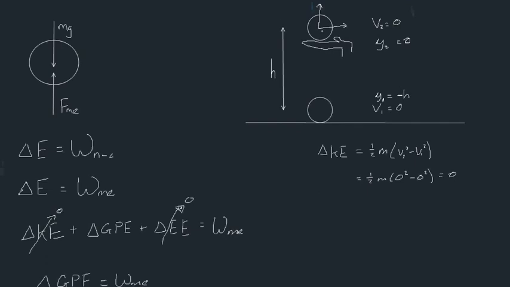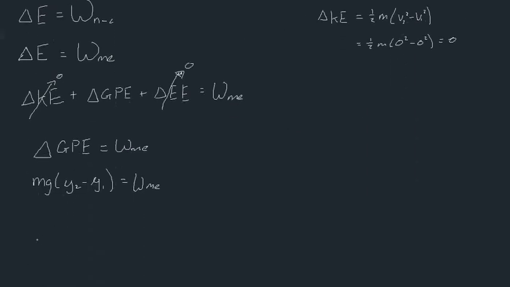I may be rushing through this a little bit, so let me slow down. This is y, this is x. y2 is going to be equal to 0, because that's where I've placed my axis. y1 is going to be negative h, because it's lower than the origin by a distance h. If we substitute these values in, we get mg times y2, which is 0, based off where I defined my axis to be, minus, and what's y1?